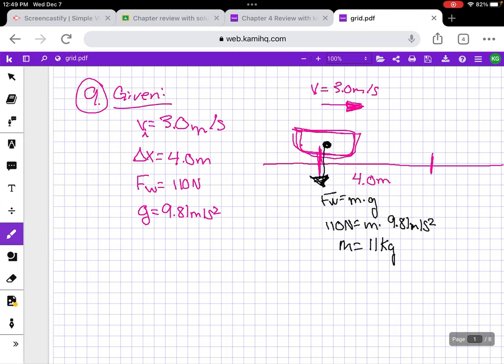Alright, now this is stopped at this point where the passenger rolls off. So what we were actually looking for is a force this way. We're just going to call it force applied.